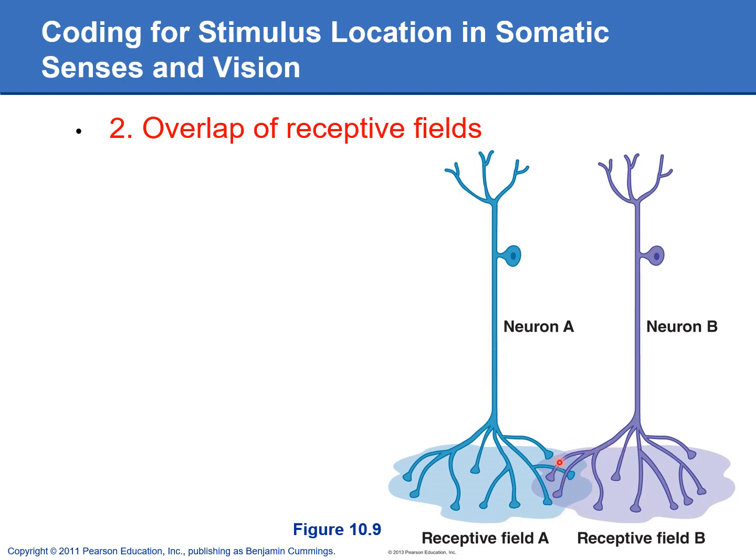And the brain will then know that, oh, you must be touching the skin right in between those 2 receptive fields. And so you would be able to localize exactly where you're being touched.